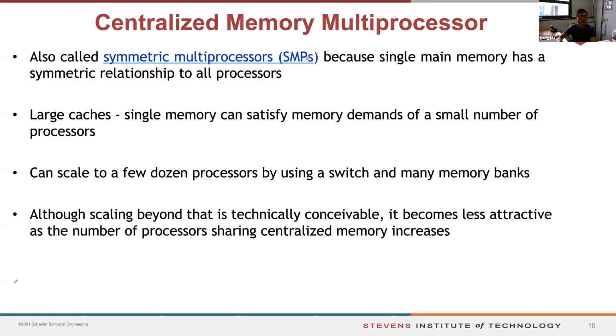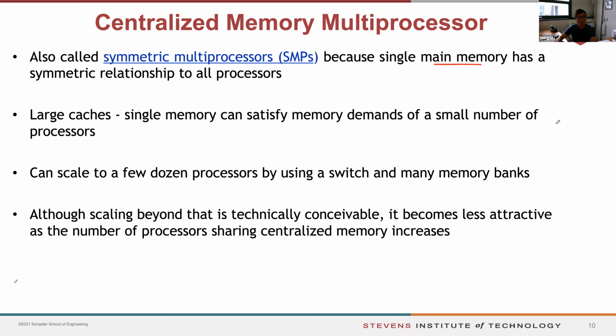So centralized multiprocessor is what we mentioned about, right? Uniform, what we call SMPs. It's good in that the memory access is the same for all processors. This requires large caches because a single memory can satisfy the memory demand of only a small number of processors.